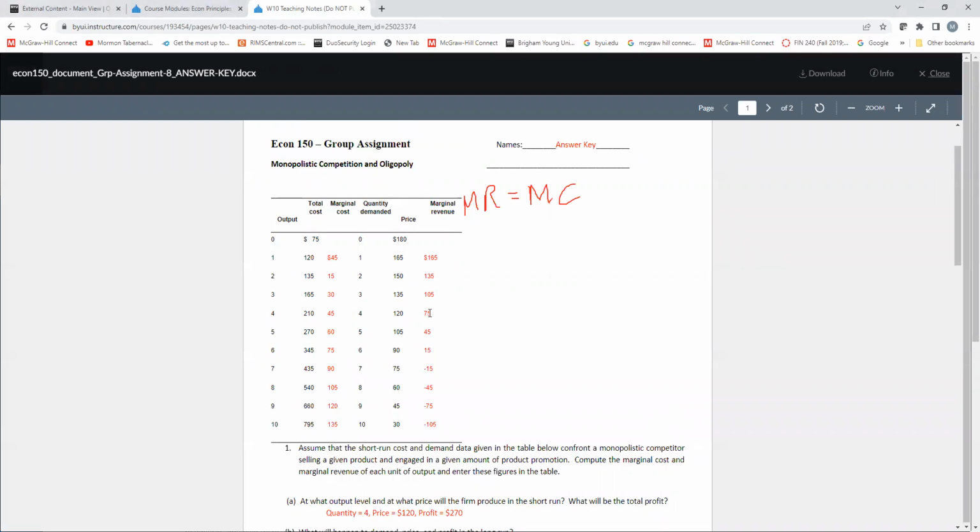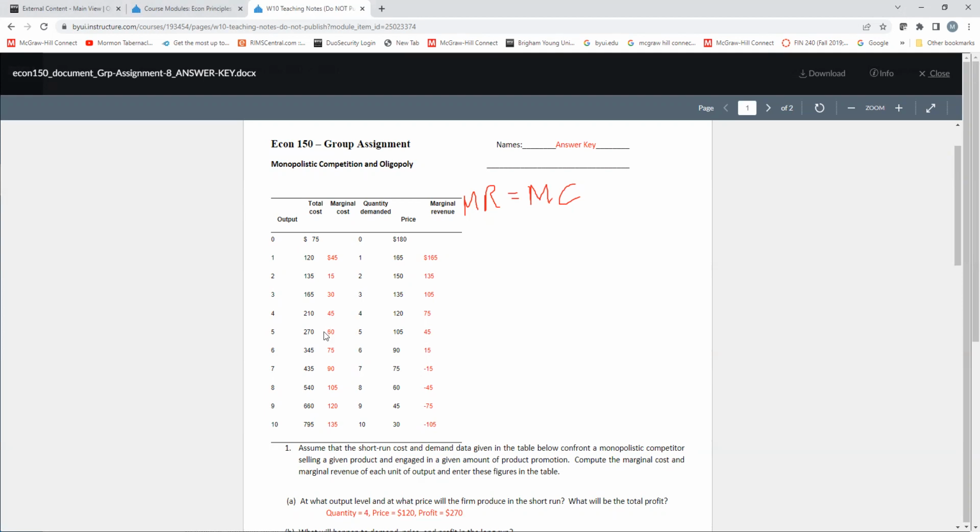At the 4th unit, marginal revenue is 75, marginal cost is 45, so yes, they'll produce that unit. At the 5th unit, marginal revenue is 45. In other words, what they make from trying to sell the fifth unit is 45, but the marginal cost for that fifth unit is 60.